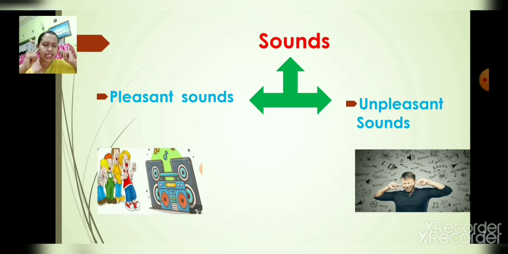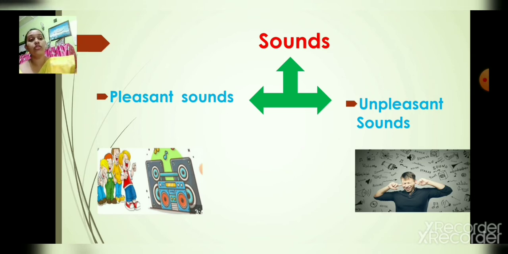He is acting like this. Does he like these sounds? No. Unpleasant sounds give you a bad feeling and make you feel upset or uncomfortable.